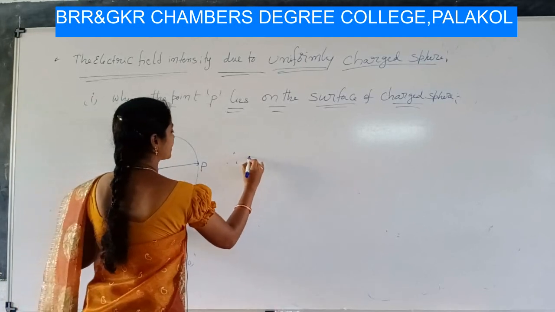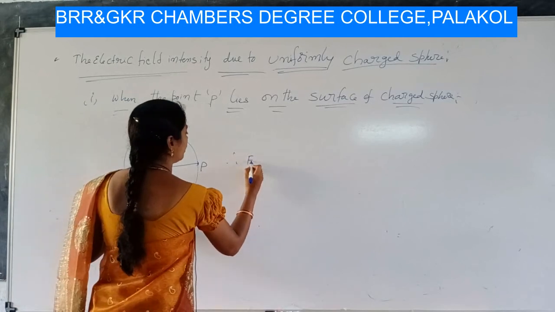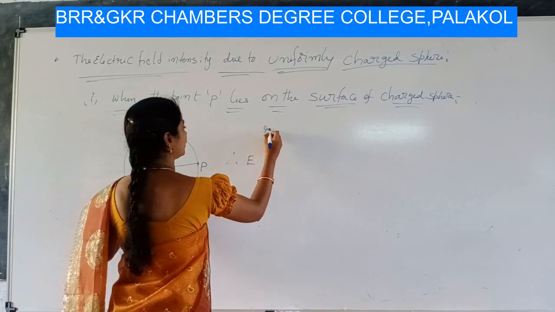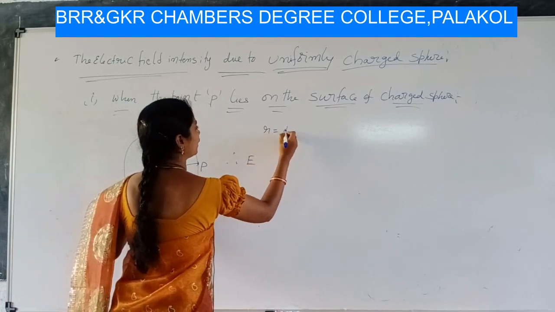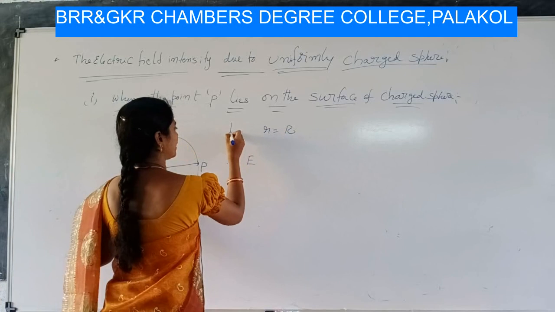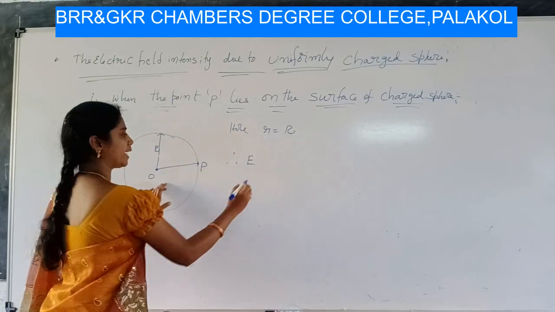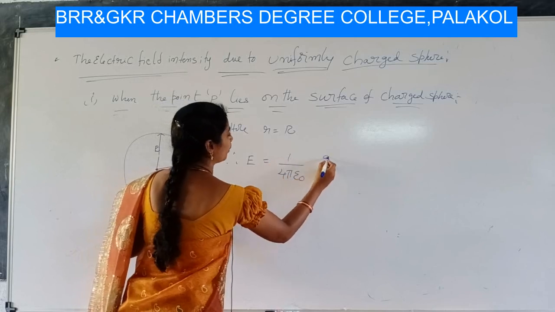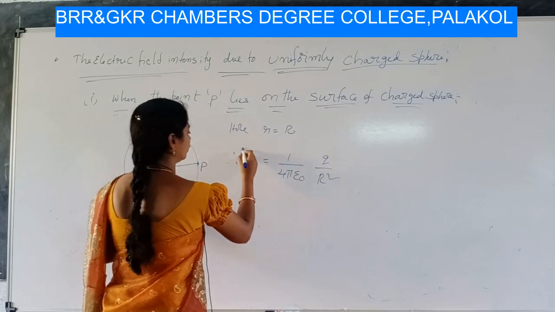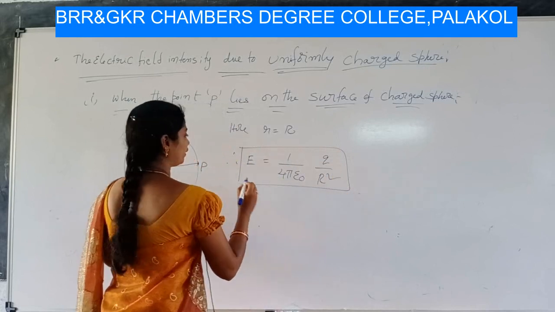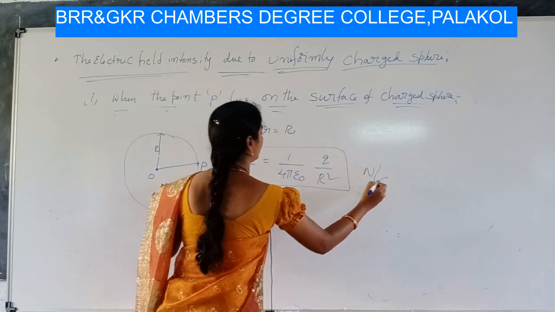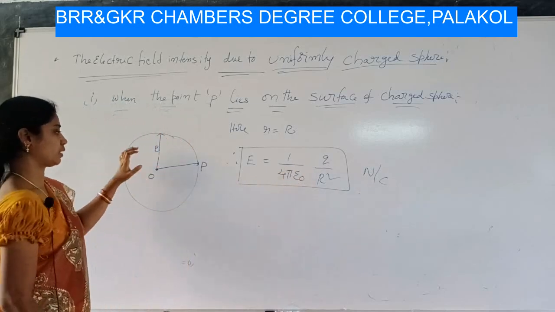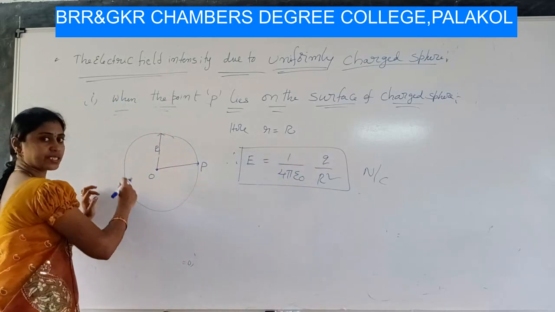For a point on the charged sphere, we consider this distance r equivalent to capital R. Therefore E is equivalent to 1 by 4 pi epsilon naught Q by r square, because this point P lies on the surface of the sphere.